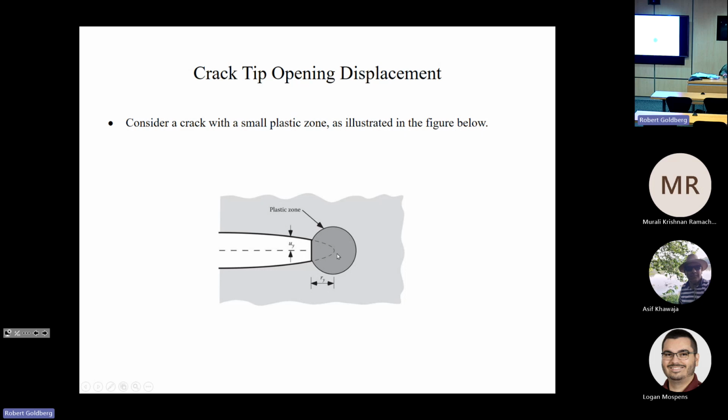And therefore, the crack tip opening displacement, this U sub y, can be estimated by solving for the displacement at the original position of the physical crack tip, reflected right here. So we have our physical blunted crack tip, and we have this artificial extended crack, equal to our crack length a plus this Ry, the radius of our plastic zone.